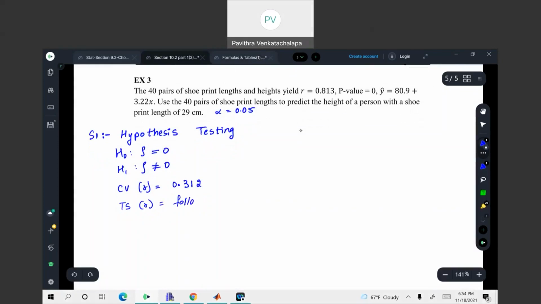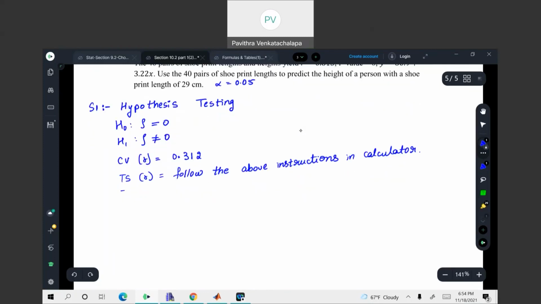Follow the instructions above in your calculator. I'm not showing this because if I just walk you through it, all you do is follow whatever I do. But when you actually do it on your own, you will know where you get stuck.